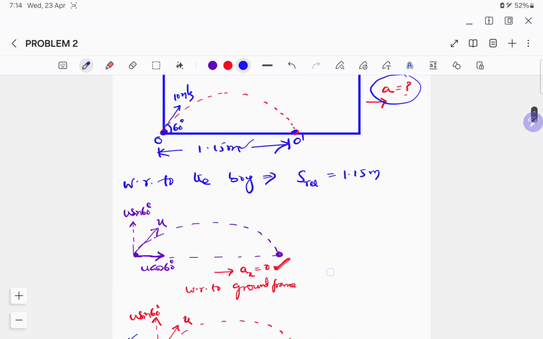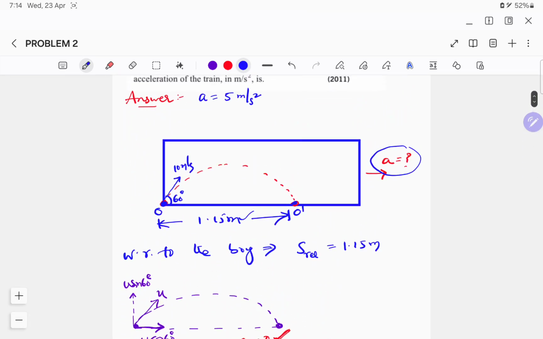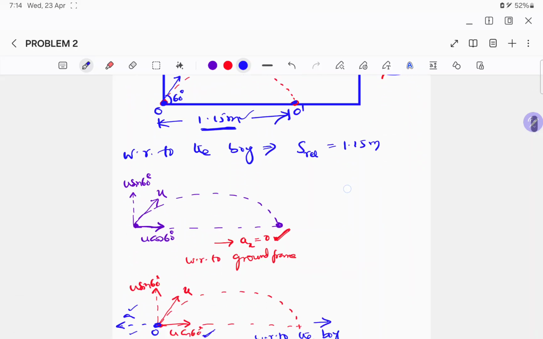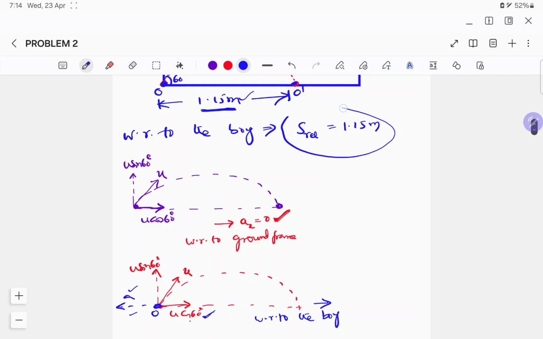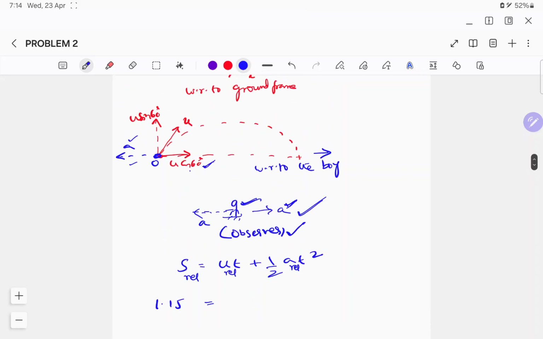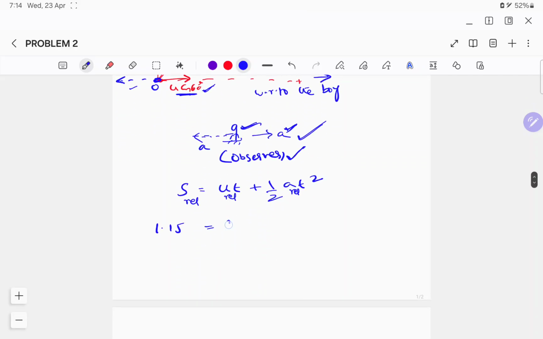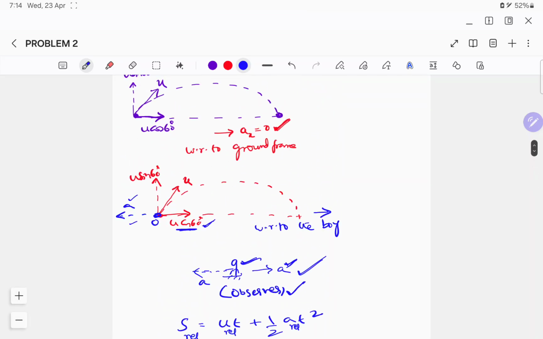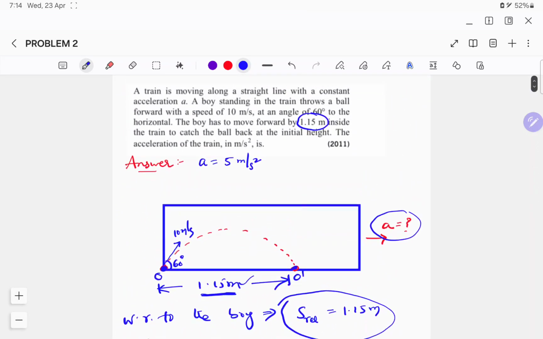And as I already mentioned, the boy will comment that it is enough to travel this distance to catch the ball while being inside the train. So the relative distance is 1.15 meter. In this place I can write 1.15, and the relative initial speed is just u cos 60, where cos 60 is 1 by 2 and u is 10, which is given in the question itself.